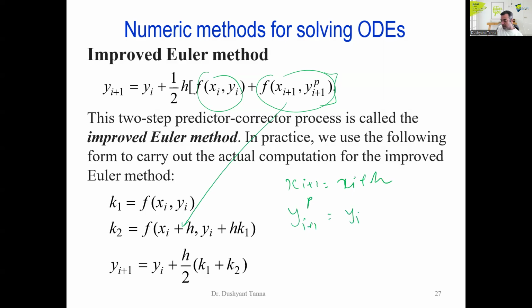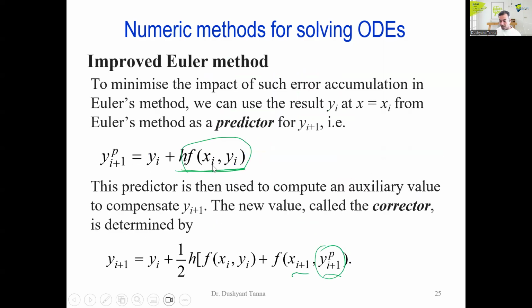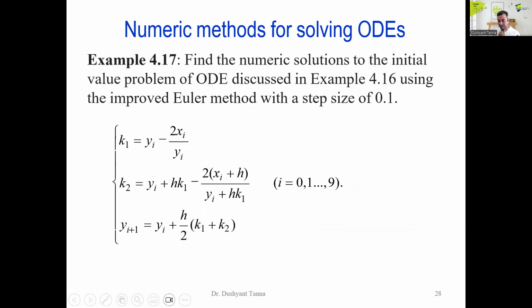Yi plus 1 predictor is yi plus h K1, f of xi yi. Here, this is also K1, if you call it, right? Okay, so that's been written here, right? And therefore, your yi plus 1 is half h K1 and K2, the average of K1 and K2. Again, this can be explained. This is like tan theta times h or delta y, right?